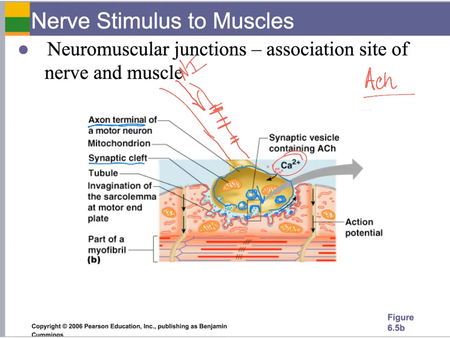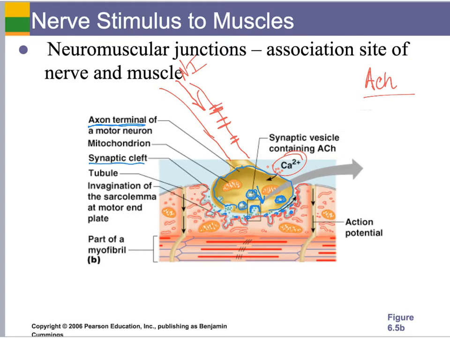And so as soon as those ACH molecules bind with their receptors, that's going to change the permeability of the sarcolemma to sodium. Okay? So let's just review a little bit about the presence of different ions across the membrane.